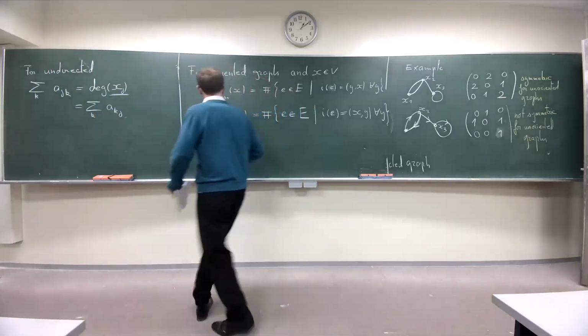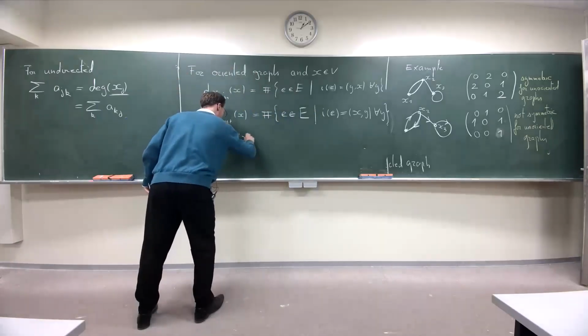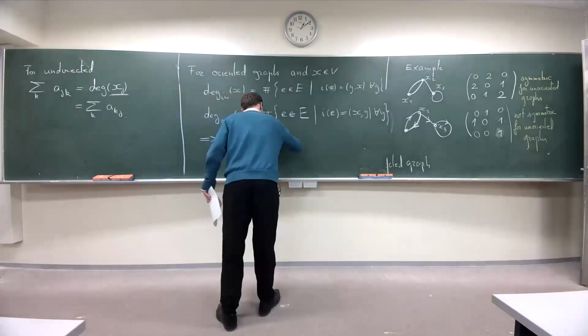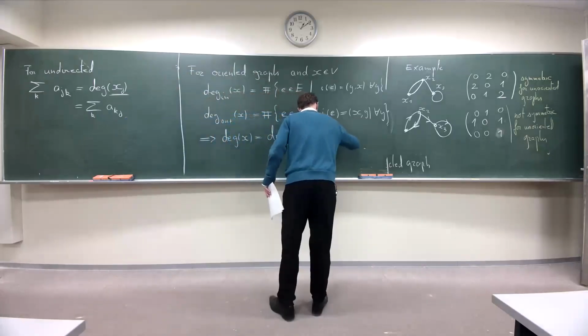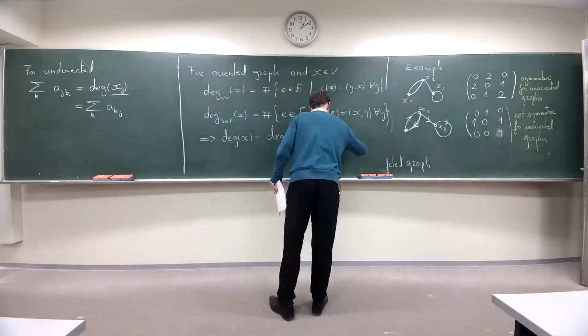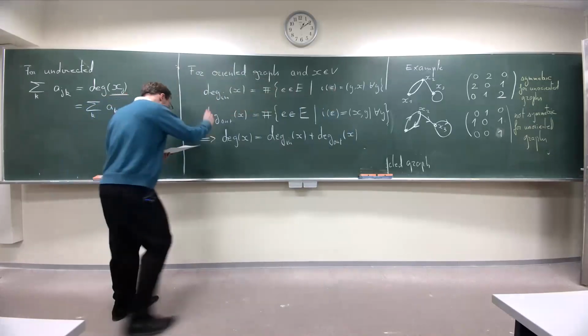But then what we have in this setting implies that the degree of x is the sum of the deg in plus the deg out. This is clear. And you have another relation.